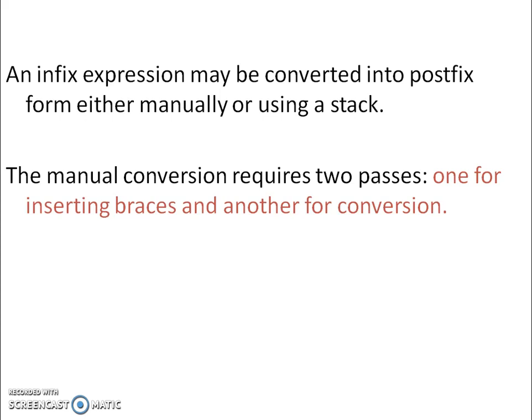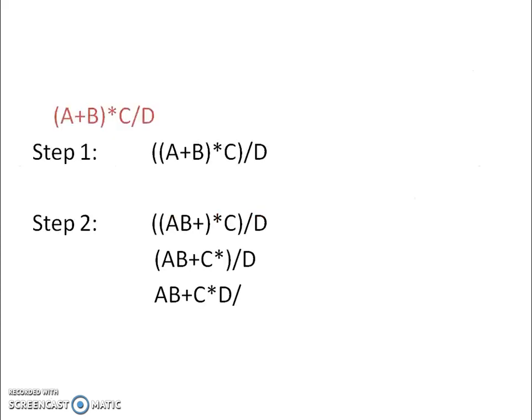Let us see an example of manual conversion. Here the expression is a plus b into c divided by d, where a and b are already enclosed in a round bracket. First of all, we'll start scanning from the left hand side. Then comes multiplication operator, and at the end division operator is there.